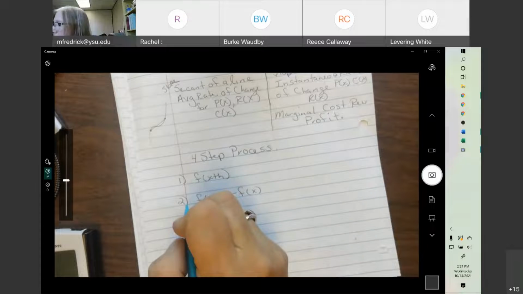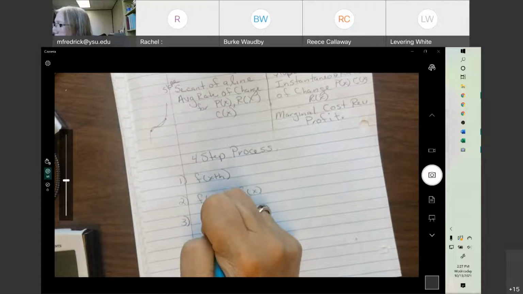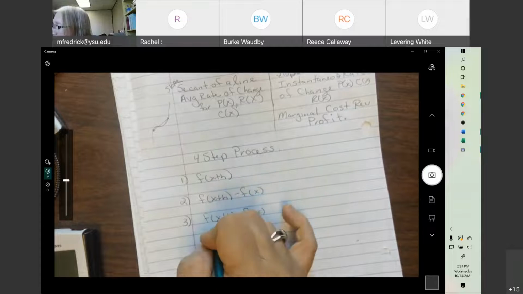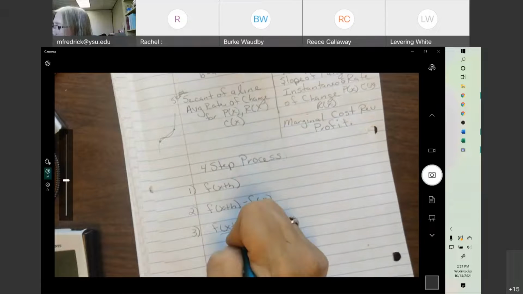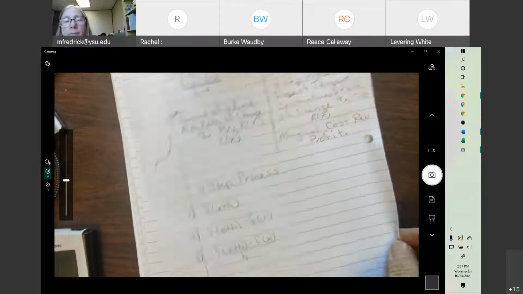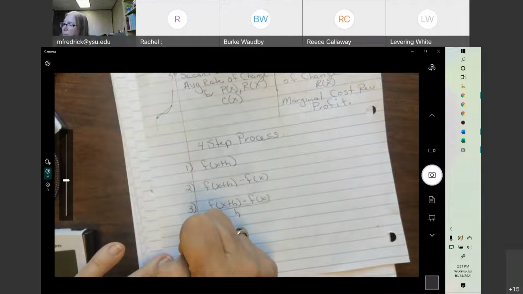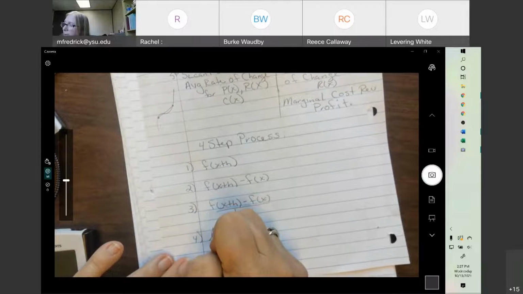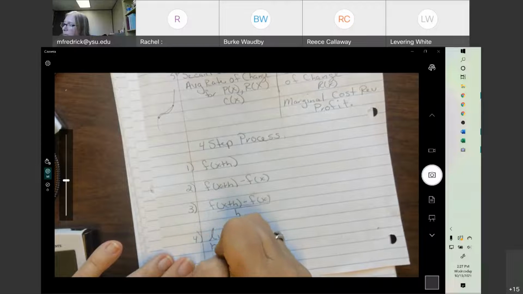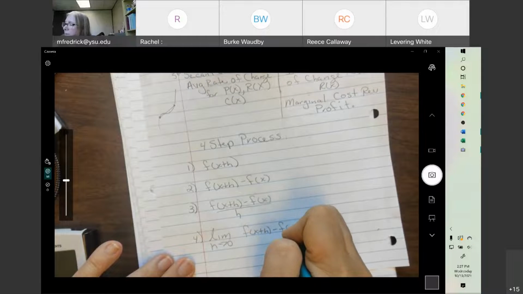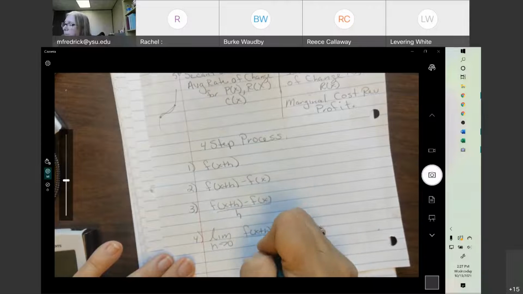The third step, divide by h. Should be looking familiar. The limit as h approaches 0 of f of x plus h minus f of x all over h.